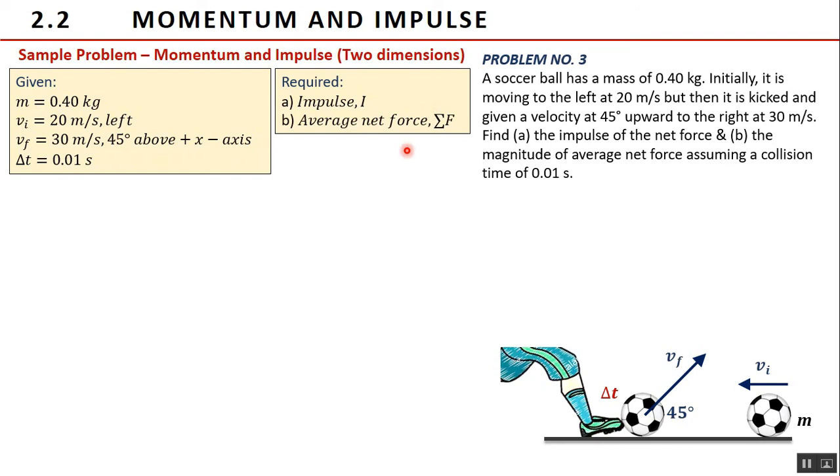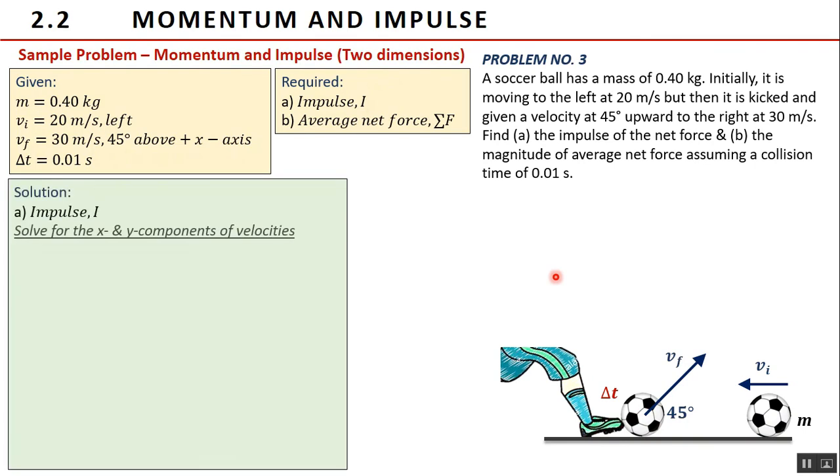Now take a look on this. This problem requires 2-dimensional analysis, because right after the player kicked the ball, its velocity moves upward to the right. So before we solve the impulse, we need to solve first for the x and y components of the initial and final velocities. The x component of the initial velocity is equal to -20 meters per second.